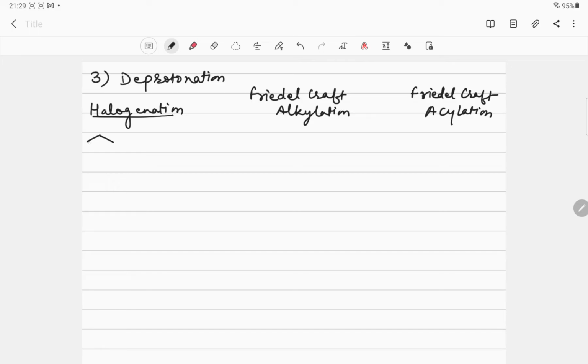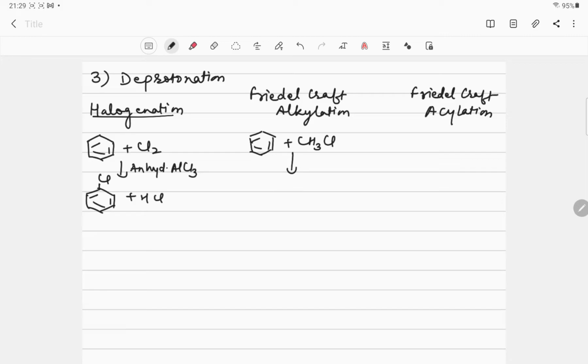What are these reactions? This is benzene plus Cl2 in presence of anhydrous AlCl3. The compound obtained is chlorobenzene plus HCl. While here benzene plus CH3Cl in presence of anhydrous AlCl3, the compound obtained is methyl benzene, or you can say toluene, plus HCl.